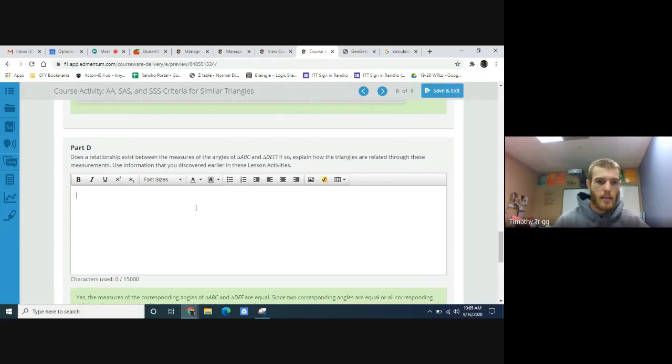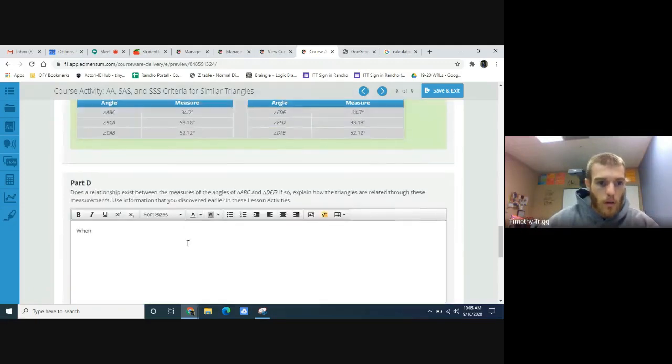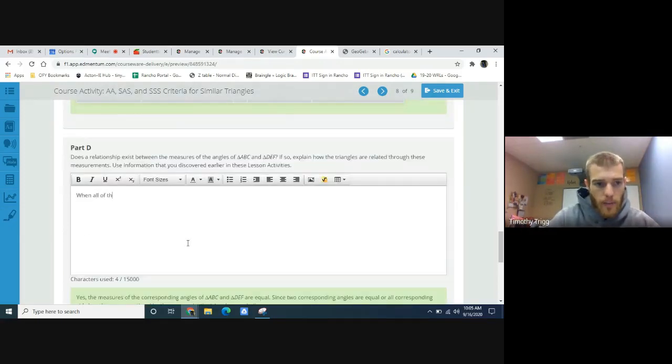Yes, again, you would say that there is a relationship that exists. When all the side lengths of two triangles are proportional, then the angle measures will be congruent.